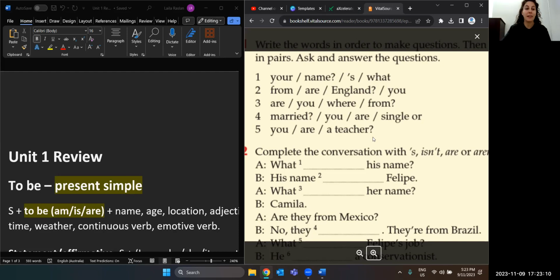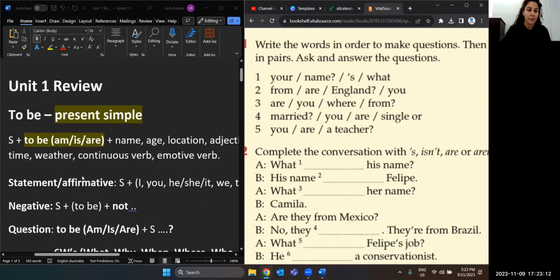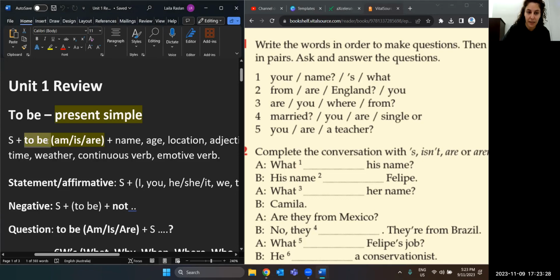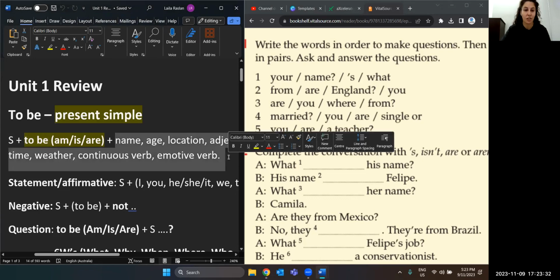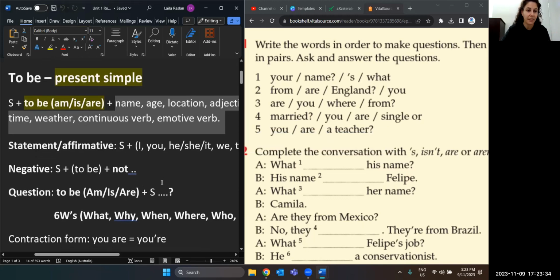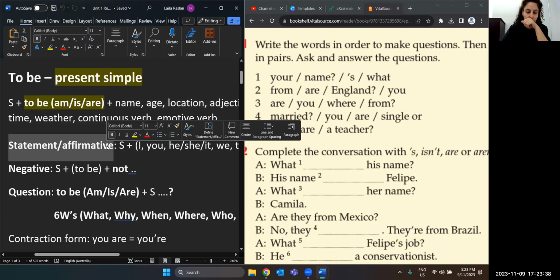So we know when we make a question, let's start with what tense we're talking in first. So we're talking in the present simple, which means it's in the moment. We're making a sentence. We're saying something in the moment. So we can use the subject first and then put to be and talk about all this stuff. Our name, age, location, job, whatever. That's called a statement or an affirmative.